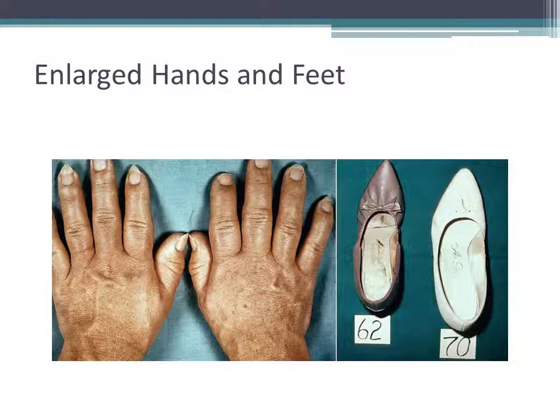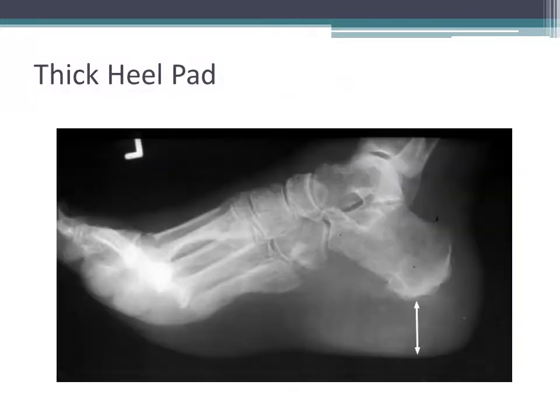It's described as doughy, from the dough, doughy handshake, because of soft tissue swelling, and also the enlargement of the shoe size as seen in the picture. And these people have also thick heel pad, which used to be a modality of diagnosis to order a lateral x-ray of the foot. We don't do it anymore. It's a legacy thing, or an interesting historical fact.